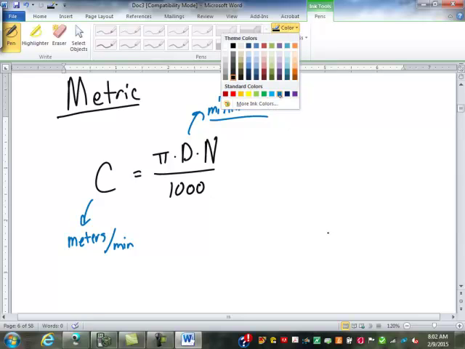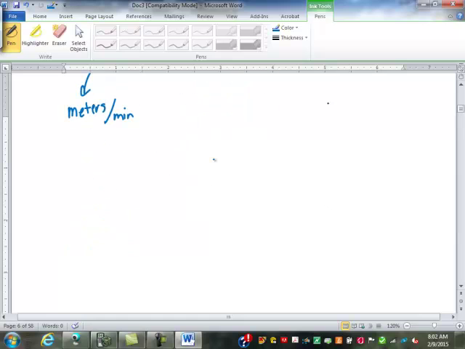So let's say we have an 18 millimeter bit, and we are turning at 500 RPM. Find the cutting speed.